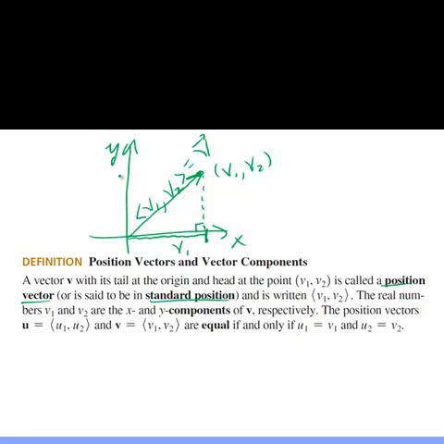And likewise, up here on the y-axis, you have v2, which is where the line that's perpendicular from the head of the arrow out to the y-axis hits the y-axis.